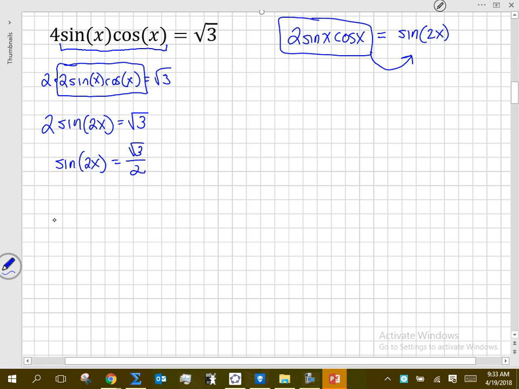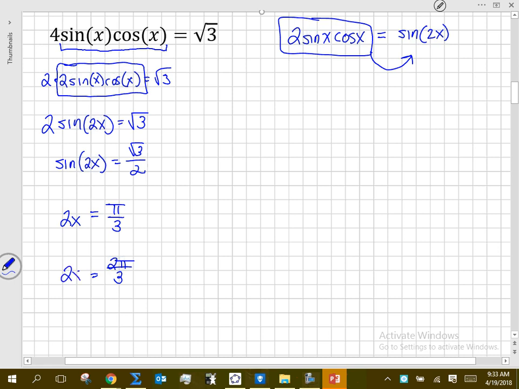Where is the sine function equal to root 3 over 2? Pi over 3 and 2 pi over 3, right? Now, what did we just solve for? What should I put right here? Careful. 2x.